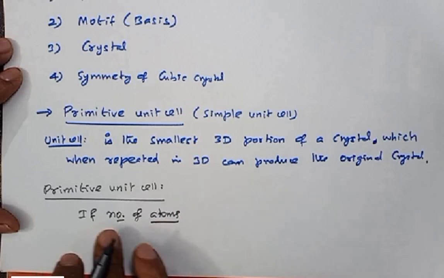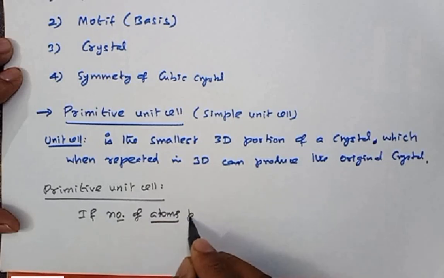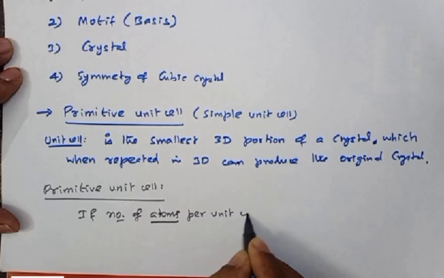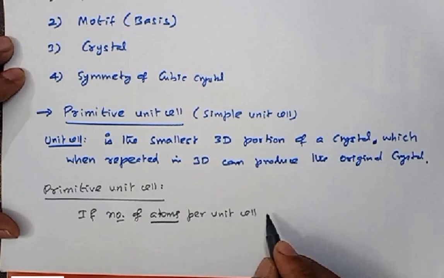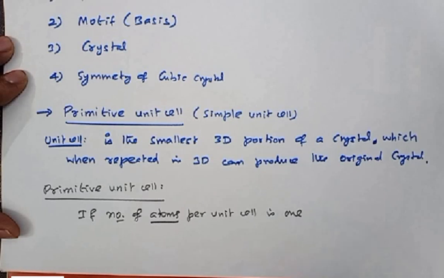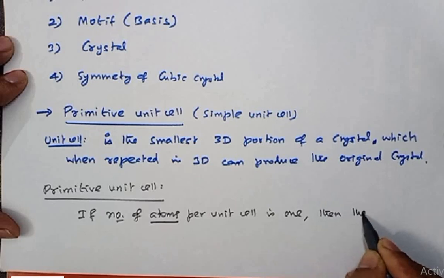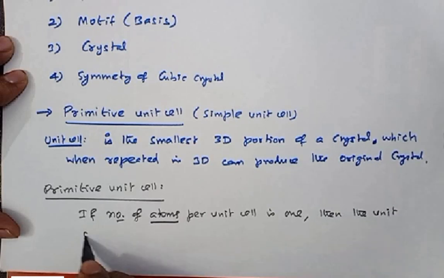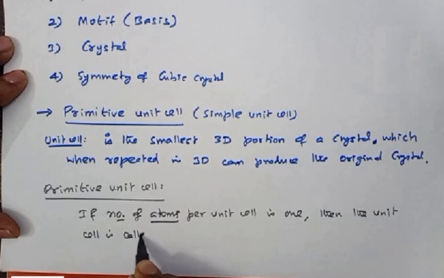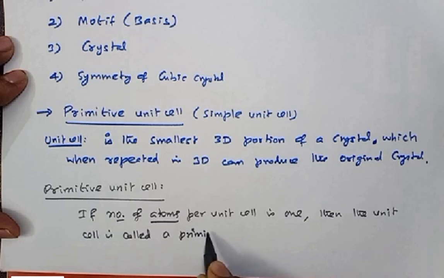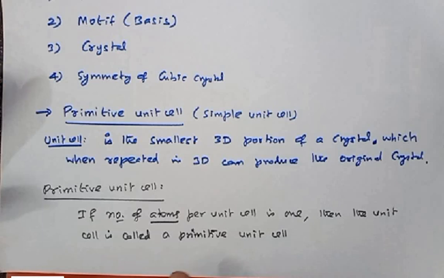So if number of atoms per unit cell is 1, then the unit cell is called a primitive unit cell. This is the definition. If number of atom per unit cell is 1, then the unit cell is called a primitive unit cell.